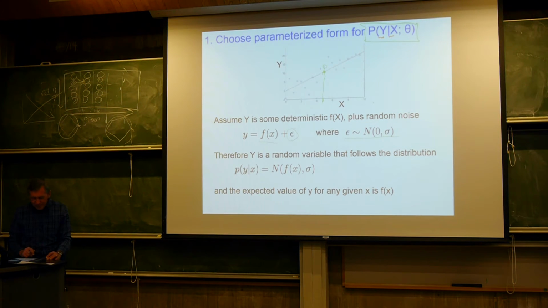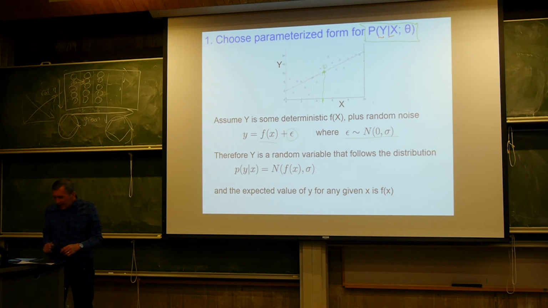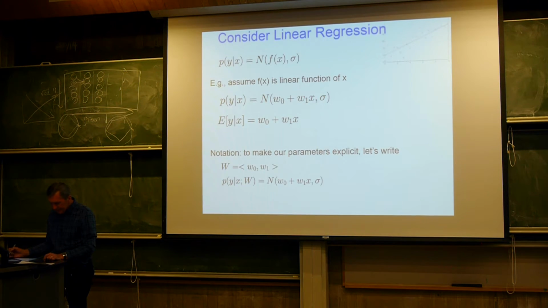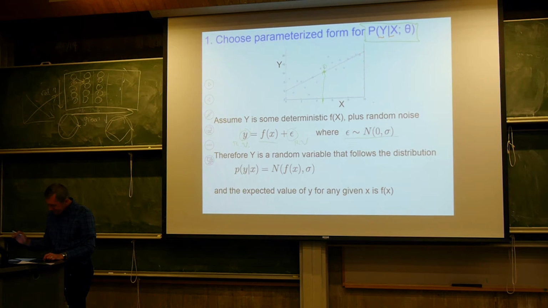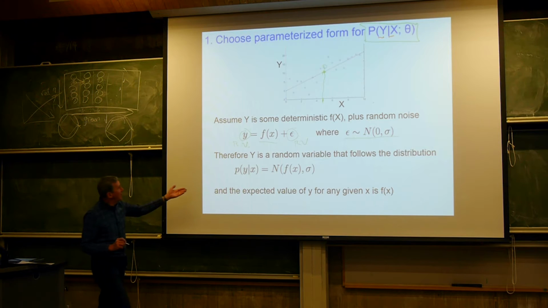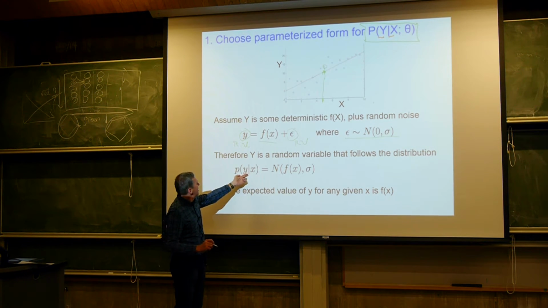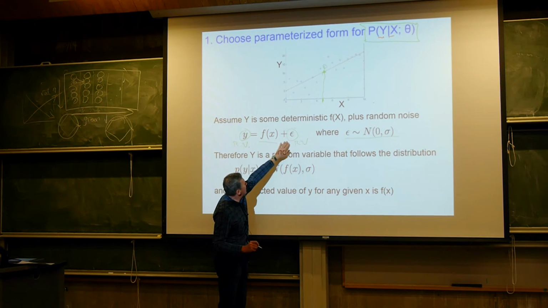Given that, I can realize that this epsilon, of course, is a random variable. And since y is a function of that random variable, y is also a random variable. In fact, the probability of y given x is just this f of x plus epsilon.